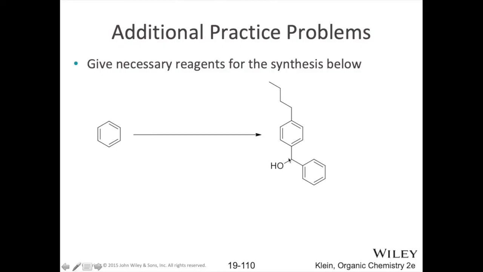So if this used to be a carbonyl, it might be relatively easy to have an R group, a Grignard reagent, attack that carbonyl, right? Depending on which way you do this. So that's just an option. So pause this video and see if you can think of any particular ways to go about this.